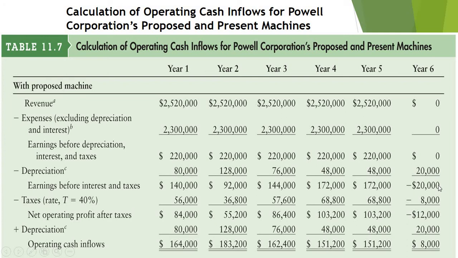With this negative 20,000 earnings before interest and taxes, we adjust taxes, which is 8,000 on this 20,000, then we'll get minus 12,000 net operating profit after taxes for year number 6. Then we are adding depreciation here over the next 6 years, and finally we'll receive operating cash inflows for the proposed machine over the next 6 years.